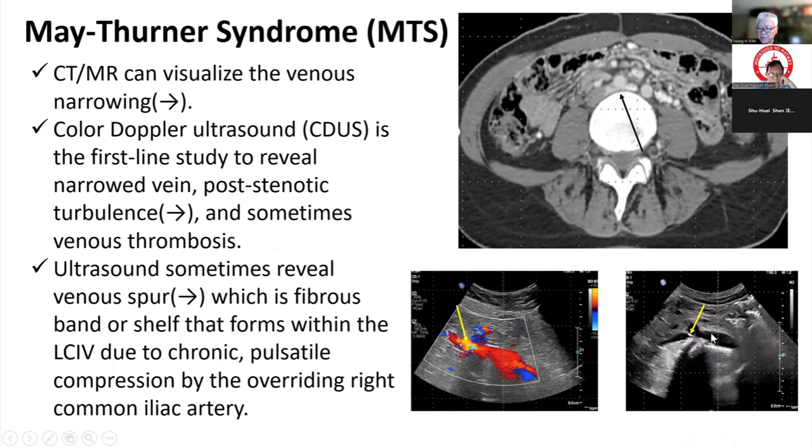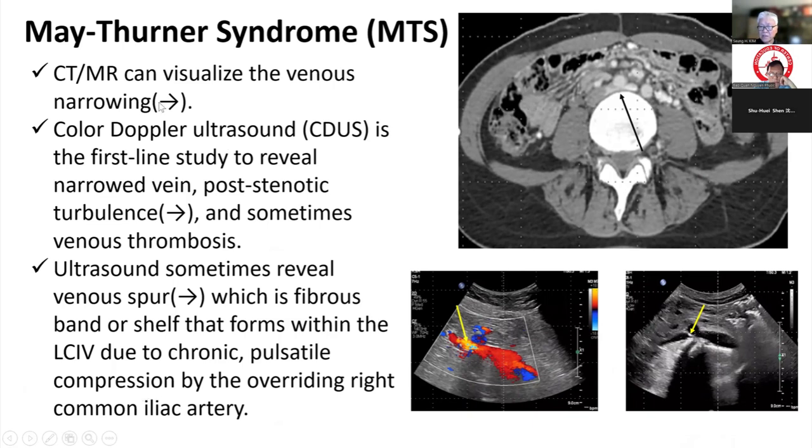And in this patient, there is an echogenic lesion in the anterior wall of the compressed left common iliac vein, and we call it a venous spur, which is a fibrous band or sheet that forms within the left common iliac vein due to chronic pulsatile compression by the overriding right common iliac artery.